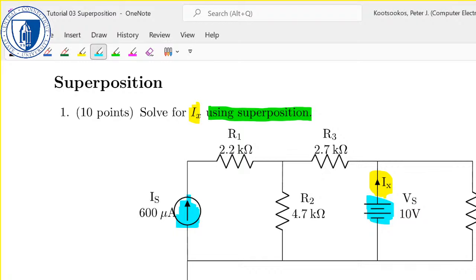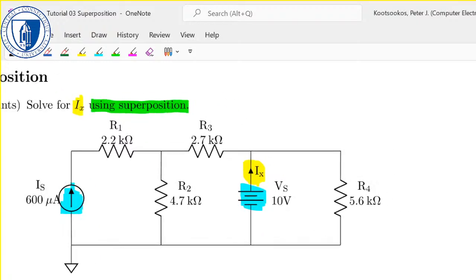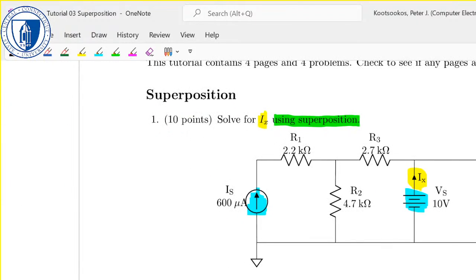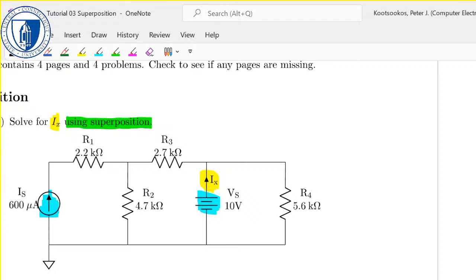So let's do this. We'll see if I can do this. Anyway. Right, so I'm going to do the first iteration, and I'm going to keep the current source, and I'm going to replace the voltage source with its ideal.